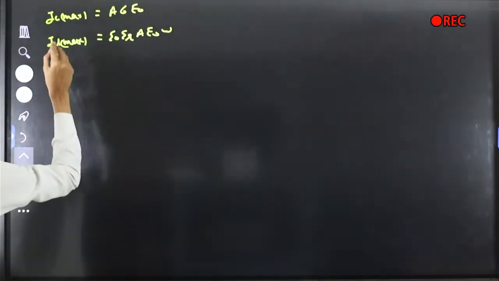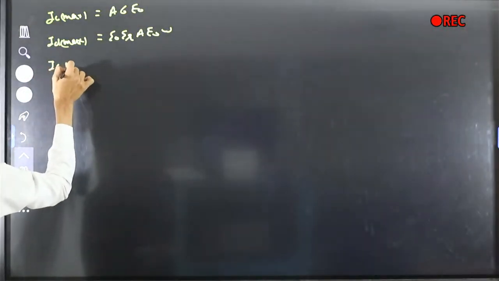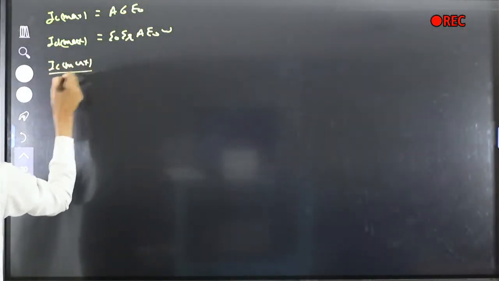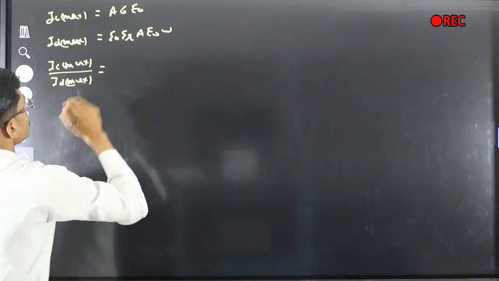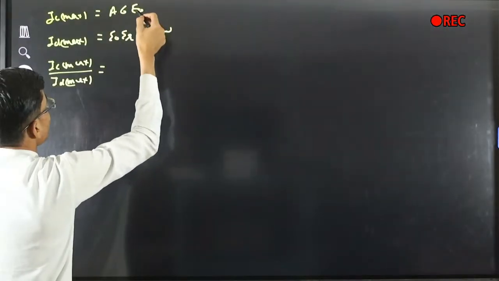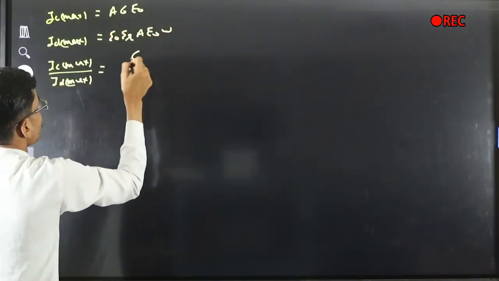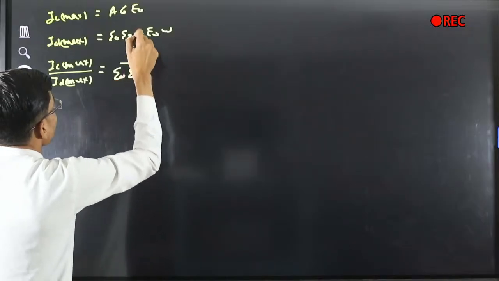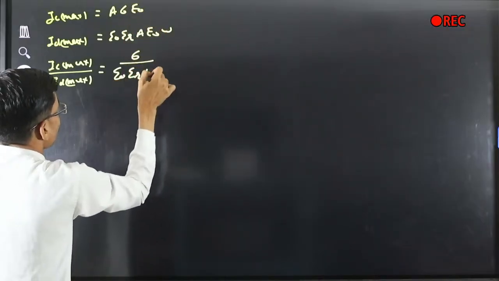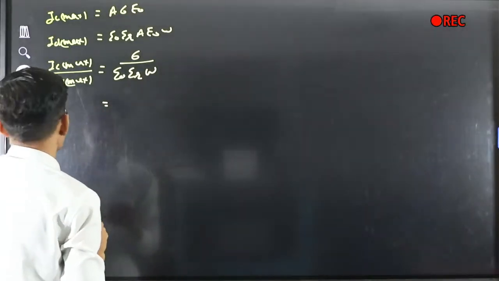Okay. Let us take the ratio. So IC max divided by ID max is equal to area will be cut, E naught cut. So in the numerator sigma and in the denominator epsilon naught epsilon r into omega.